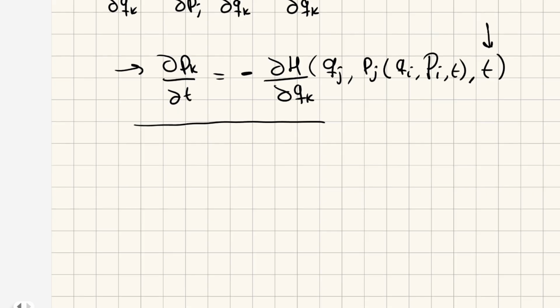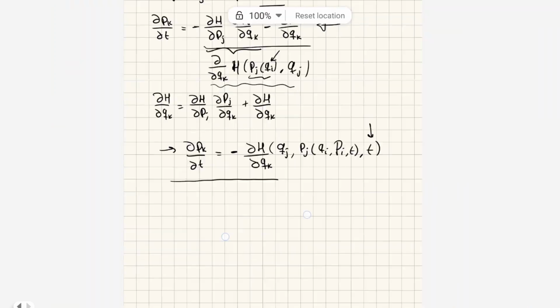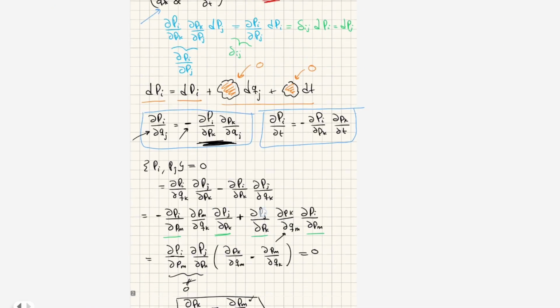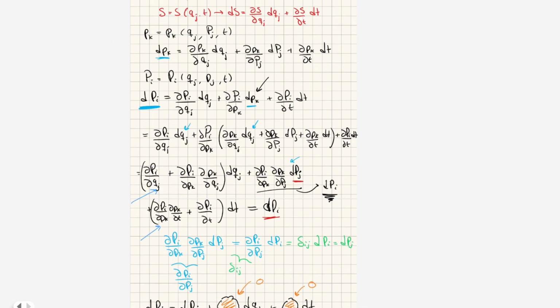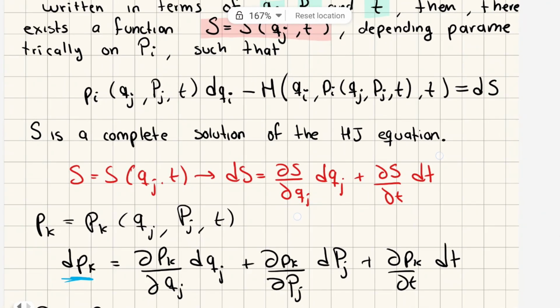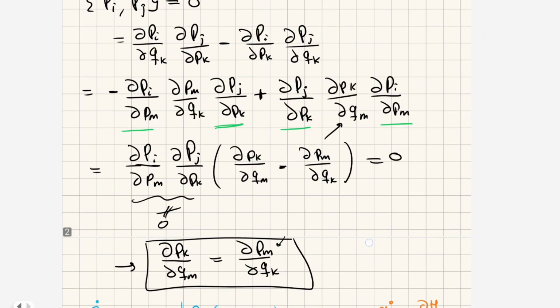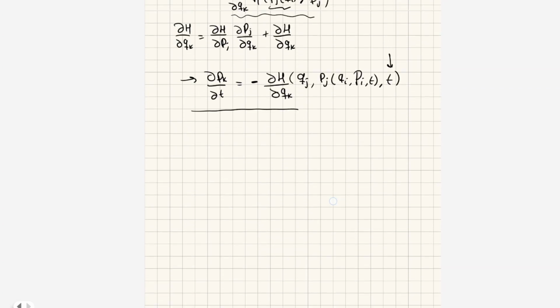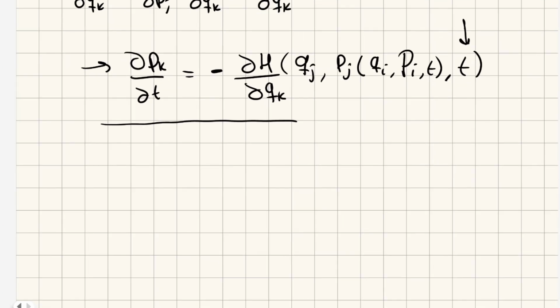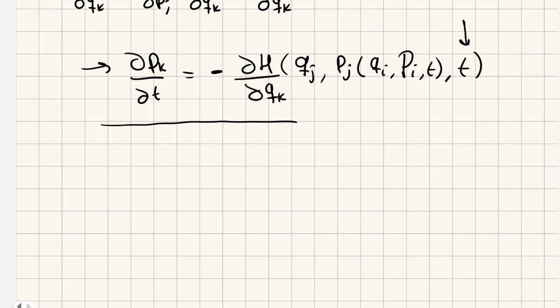This is already telling us that the total differential that we defined here at the beginning is an exact differential. But why is this? We are taking the derivative with respect to time of pk, which is equal to minus the derivative with respect to qk of h.